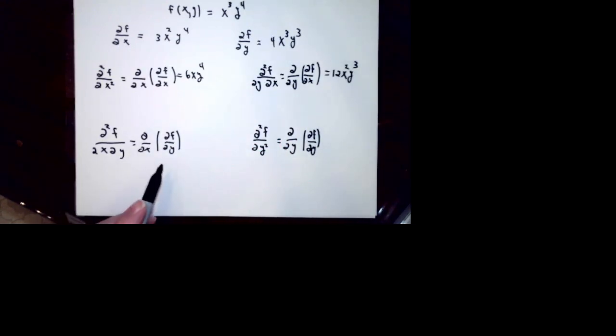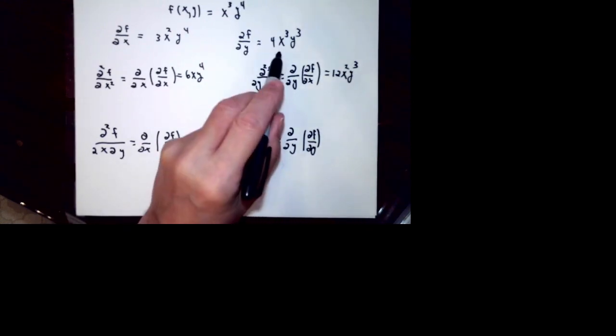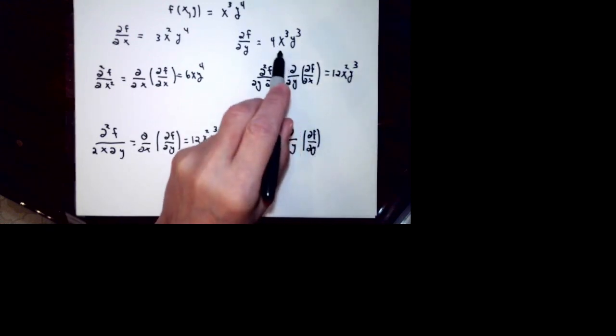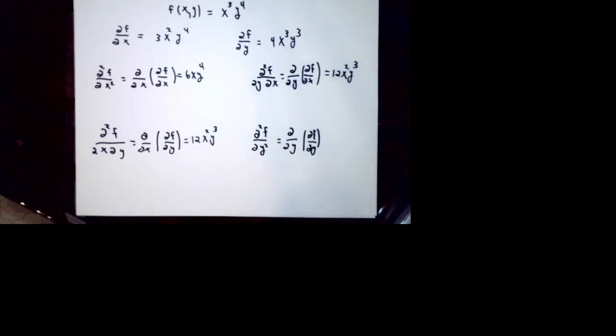This one, first I'll look at the partial of f with respect to y, which is that quantity. I'll think of it as a function of x and take the derivative. And lastly, I'll look at the partial of f with respect to y, this quantity. Think of it as depending only on y, with the x being treated as a constant, and find the derivative.